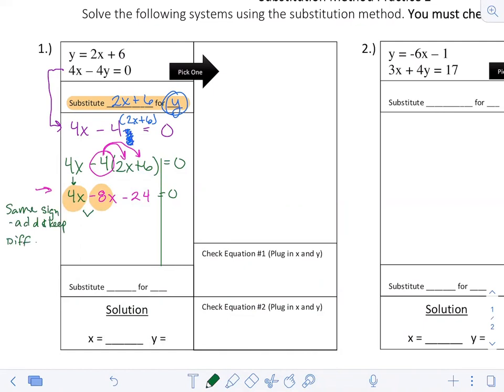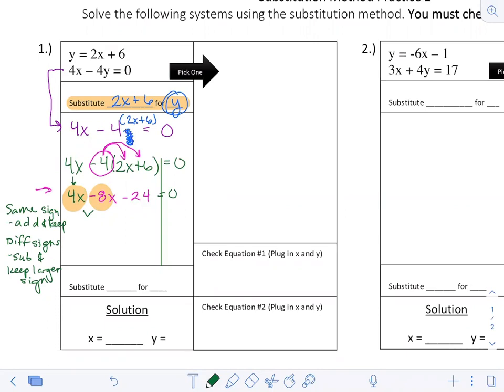If they're different signs, one's positive, one's negative, then you're going to subtract them and keep the larger sign. If the bigger number is negative, keep it negative. If the bigger number is positive, keep it positive.